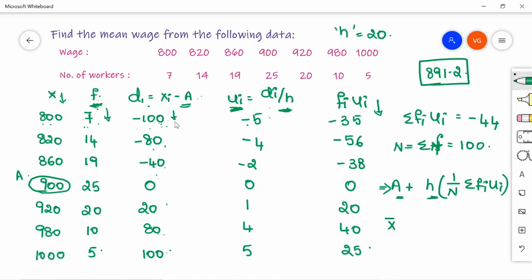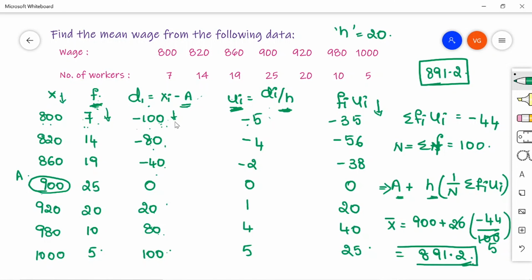So x bar value, if you substitute here, 900 plus h value 20 into minus 44 divided by 100, right? So this is 5 times. If you calculate this value, you will get again 891.2, right? So you get the same value using any of the methods.